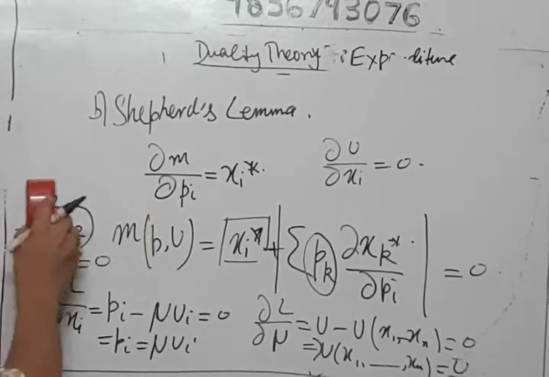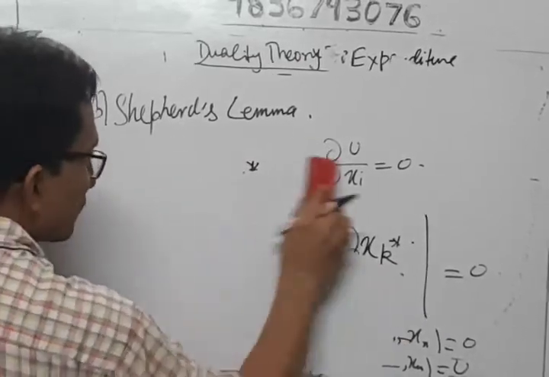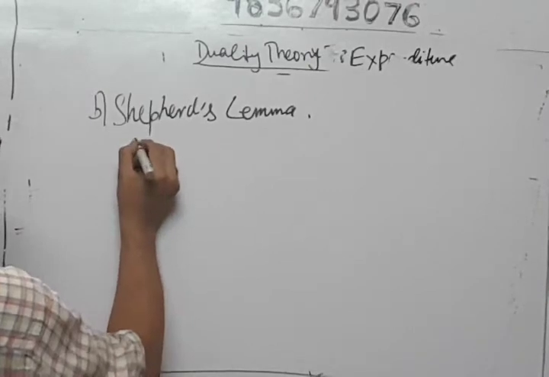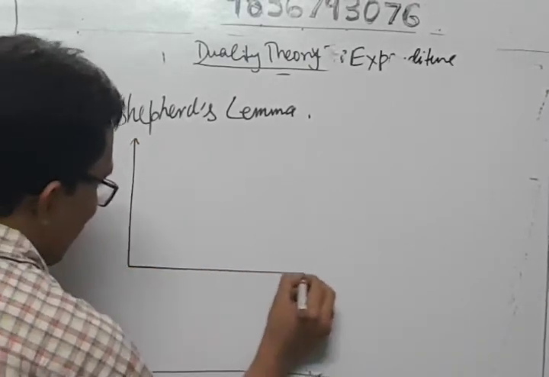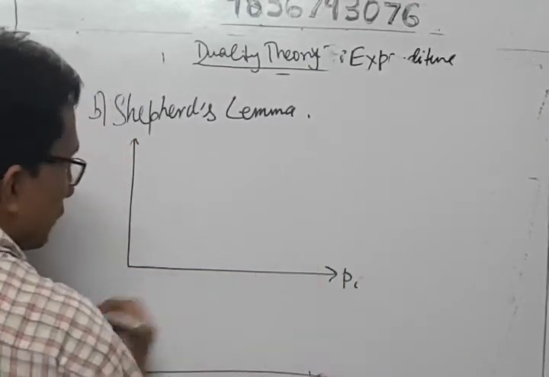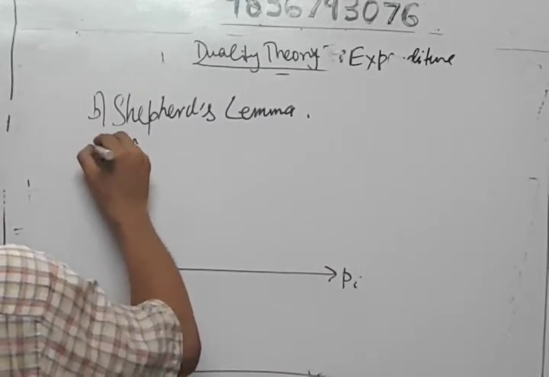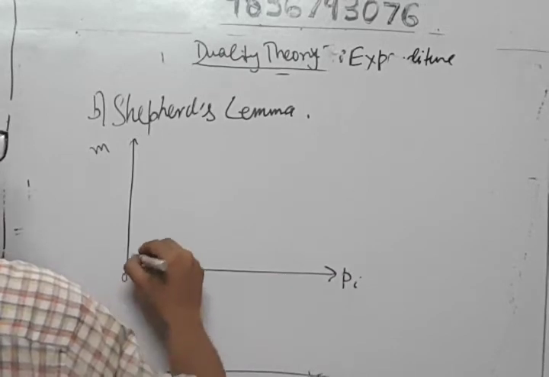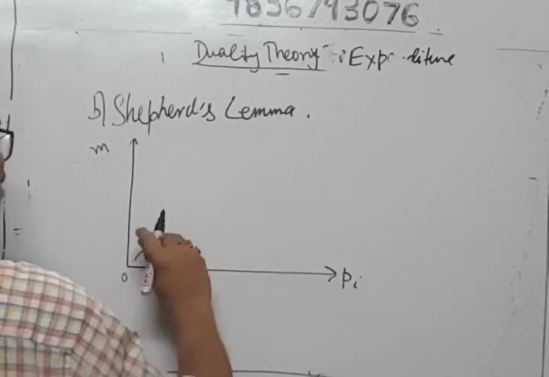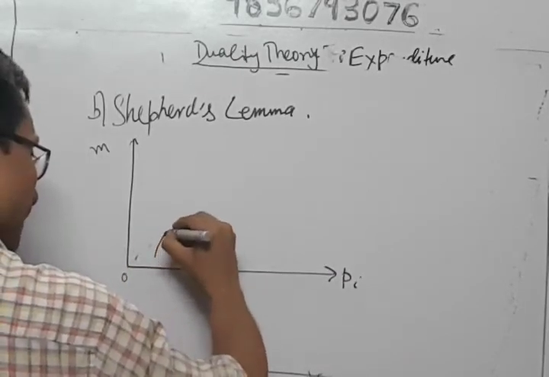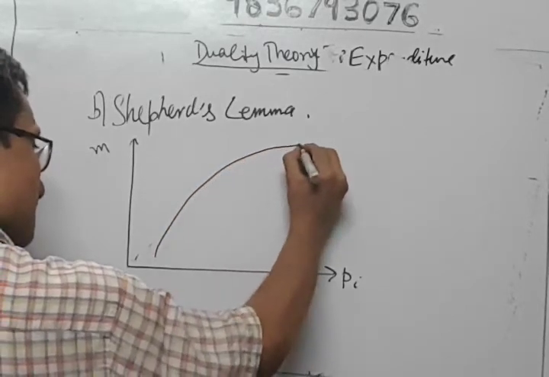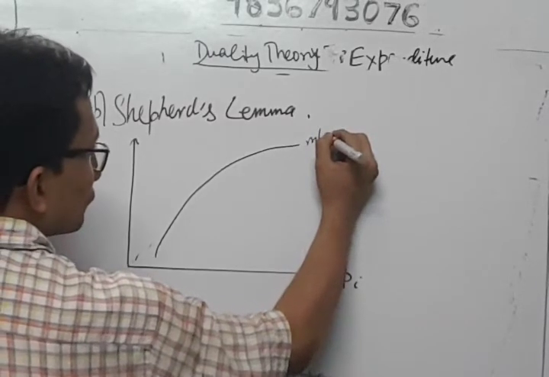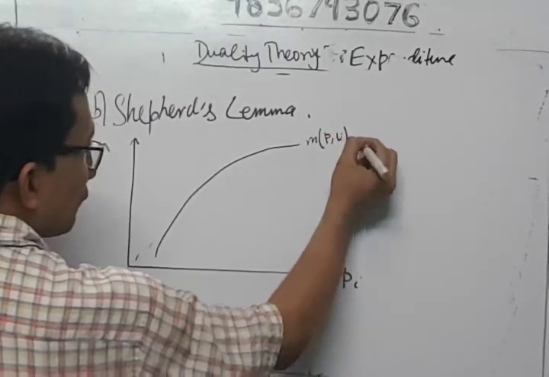Now, if we put this graphically, let's say we put the price of the good on the horizontal axis and expenditure on the vertical axis. Then we get our expenditure function, as the price is increasing, that is m of p and q.